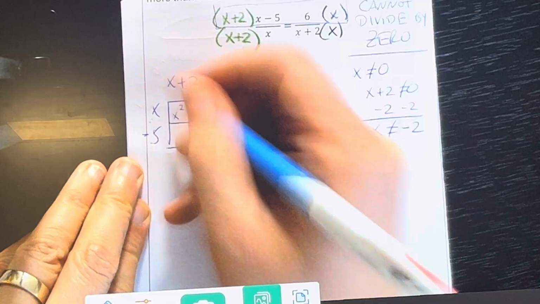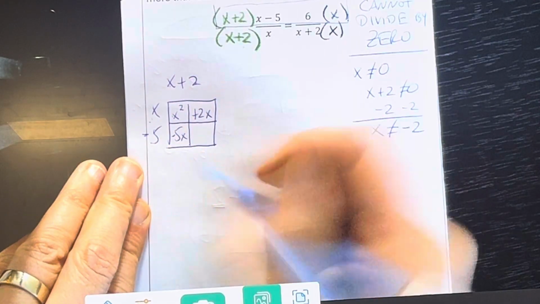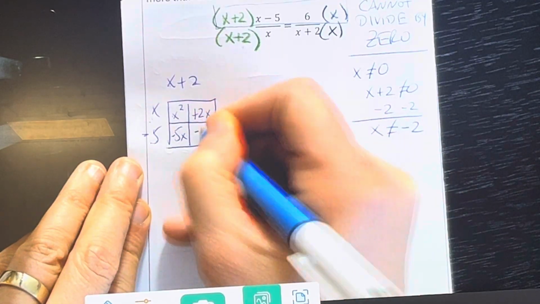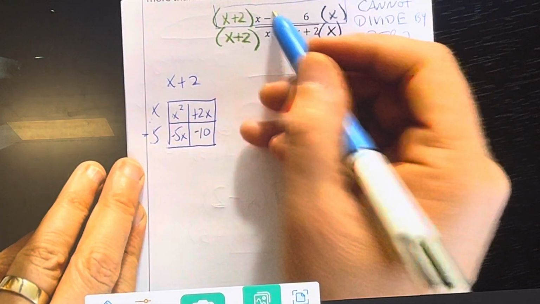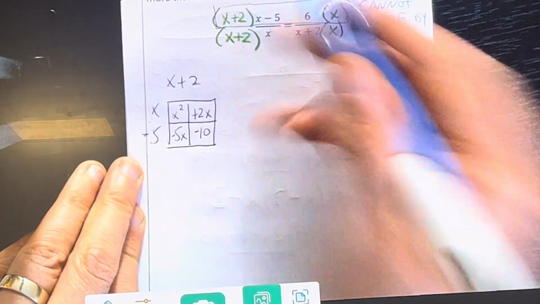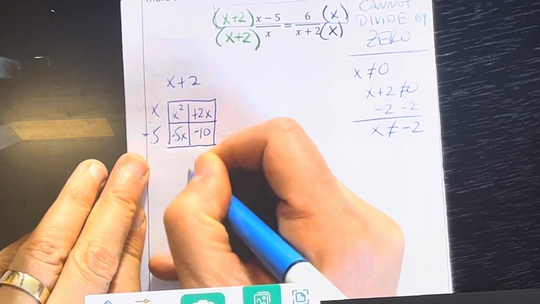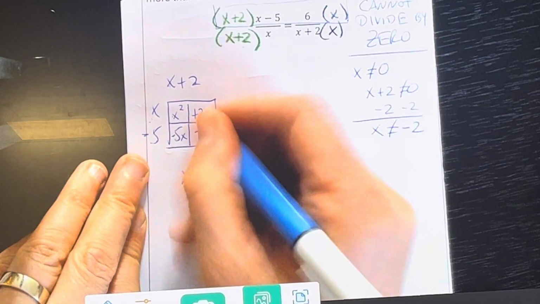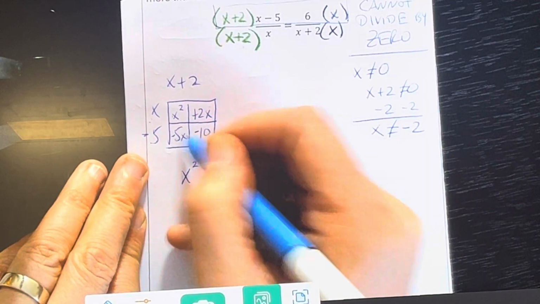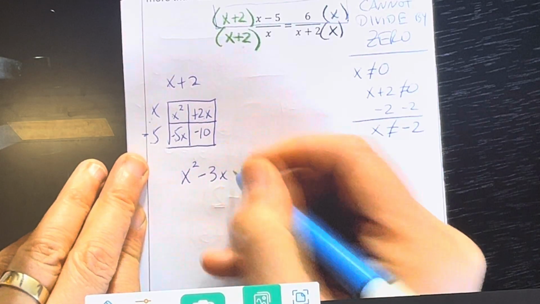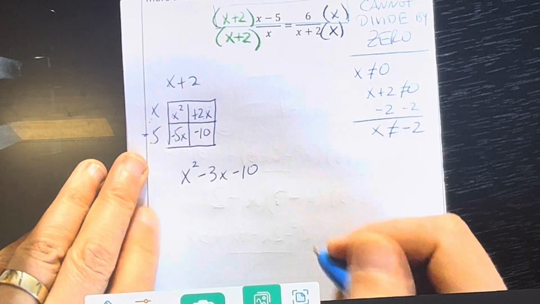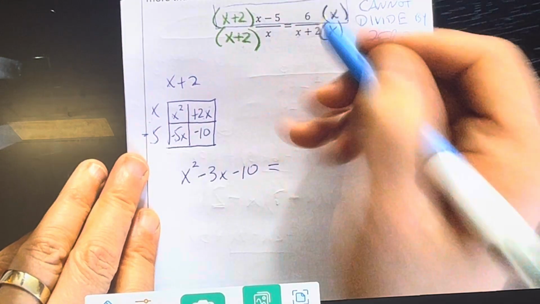Negative 5 times x, negative 5x. Negative 5 times 2, negative 10. So this total for the numerator here is x squared minus 3x, combining these like terms, negative 5x and 2x, minus 10. And that needs to be set equal to this numerator.